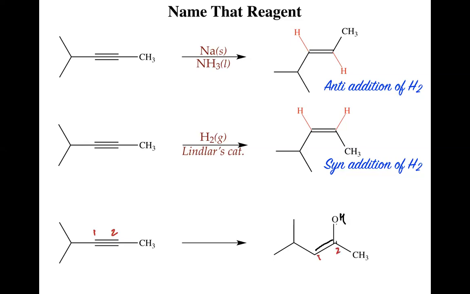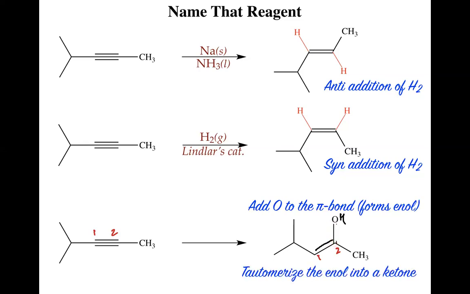It's going on the slightly less hindered side, but in reality they're both carbon, so it's not like an H versus a bulky alkyl group. So it's not going to be as selective, but again, I want to make sure I use a reagent that's going to preferentially add the O to the less crowded side.